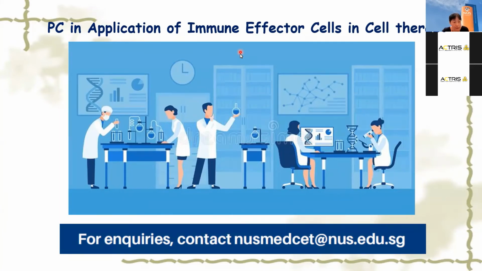So William, you'd like to ask if it's correct to say NK therapy cannot kill MHC class I expressing cancer cells, and if so, have there been efforts to overcome this? Yes, this is a very legit question. For MHC class I expressing cancer cells, there will be an inhibitory signal, right?